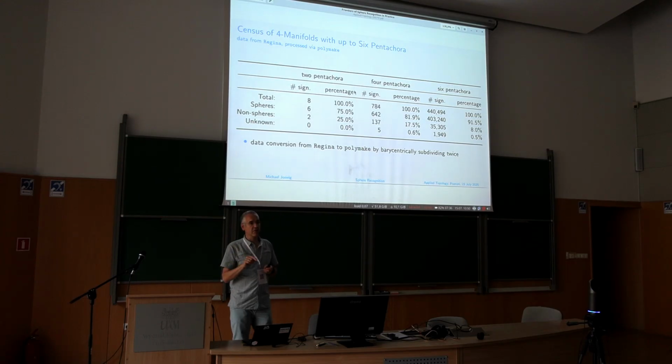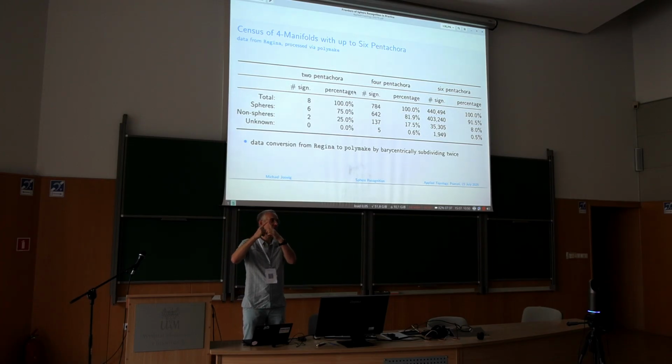The point of view of Regina is the one which is standard in low-dimensional topology. They still insist on forming cell complexes where each cell has the structure of a simplex, but you allow for more crazy gluings.